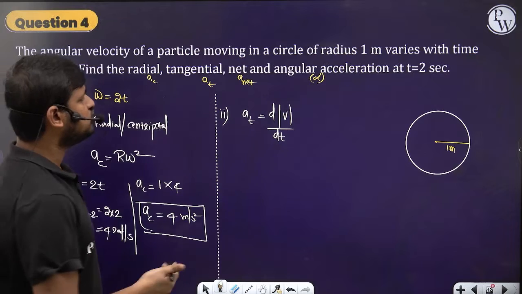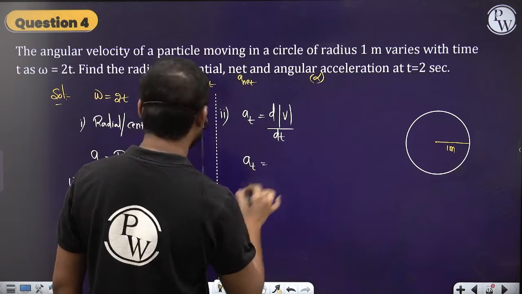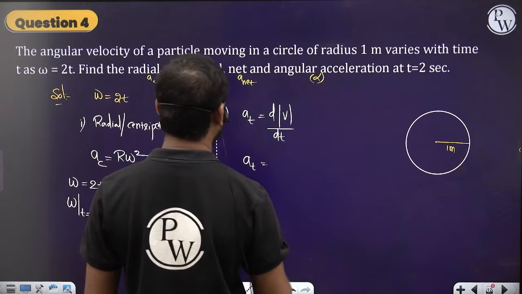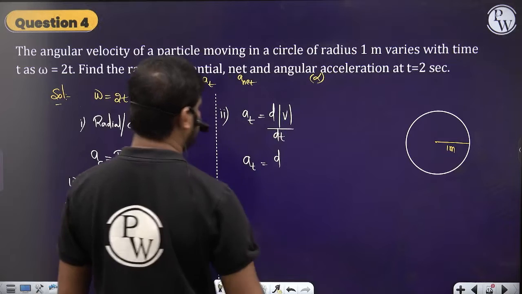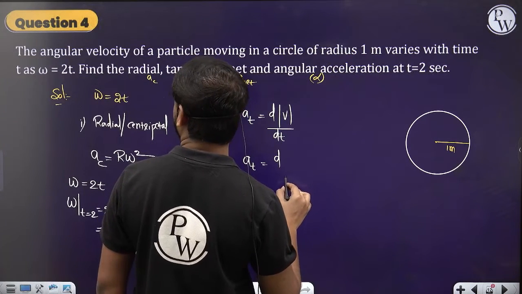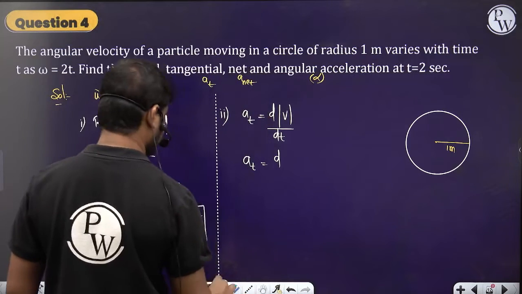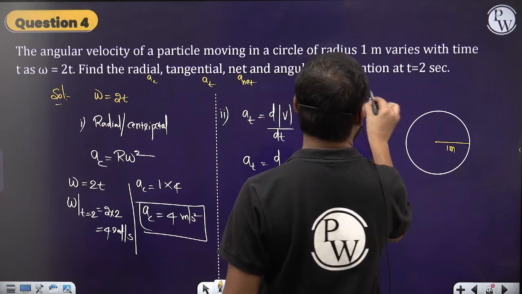So from here, what is this v, the change in velocity? We don't know v, so let's do it this way. v is equal to r omega, so can we find it?